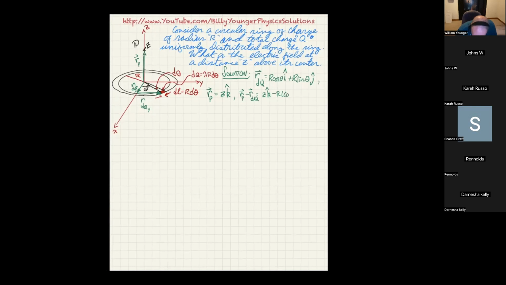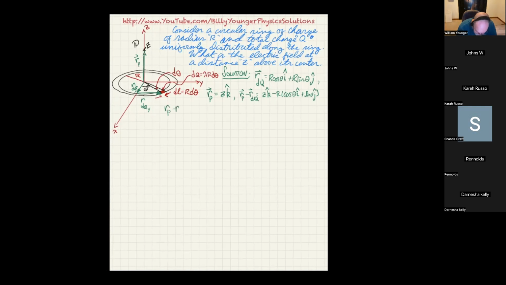I'm going to write cosine theta I hat plus sine theta j hat, like that. Okay. That's not necessarily the most convenient way, but when you go to start doing the Pythagorean theorem on it to get the magnitude of RP minus RDQ, that might make it a little easier for you.